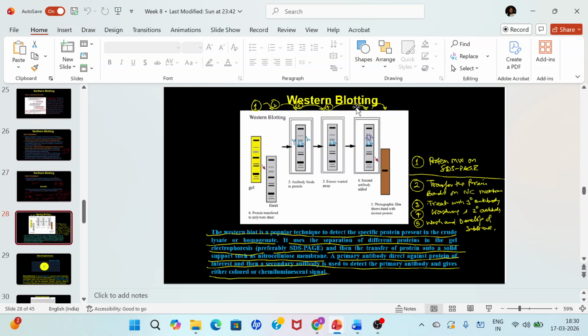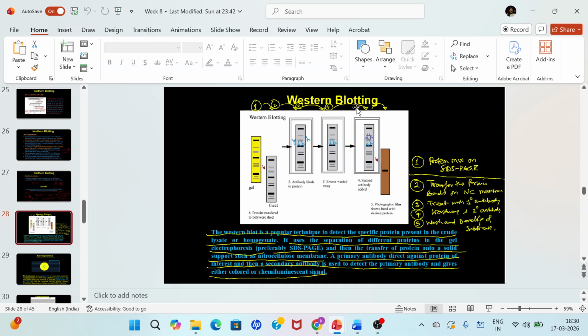Okay. Next is the Western blotting. As I've told you, Western blotting is done to study the proteins, size of the protein, copies of the protein, anything you want to study. The Western blotting is a popular technique to detect the specific protein present in the crude lysate or homogenate.